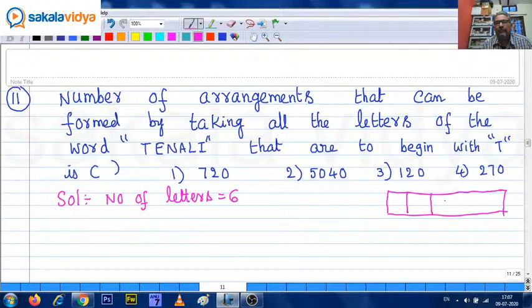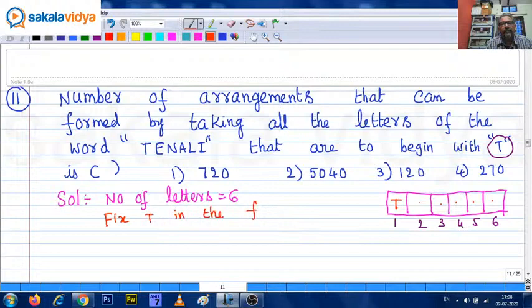That means first place, second place, third place, fourth place, fifth place, sixth place. Begin with T. That means fix T in the first place. Fixed. T is fixed. That's all. That means now count the remaining places: 1, 2, 3, 4, 5.